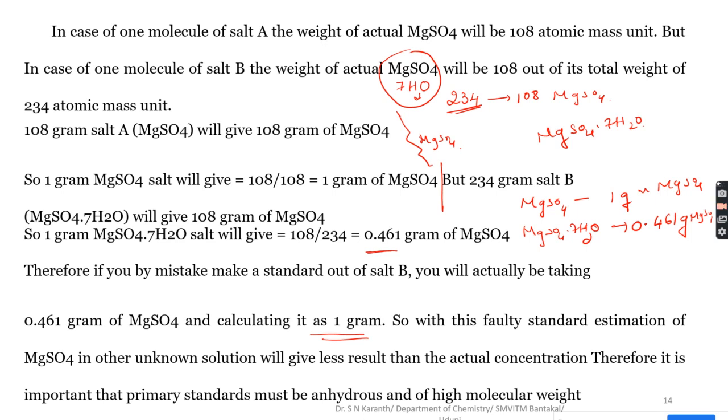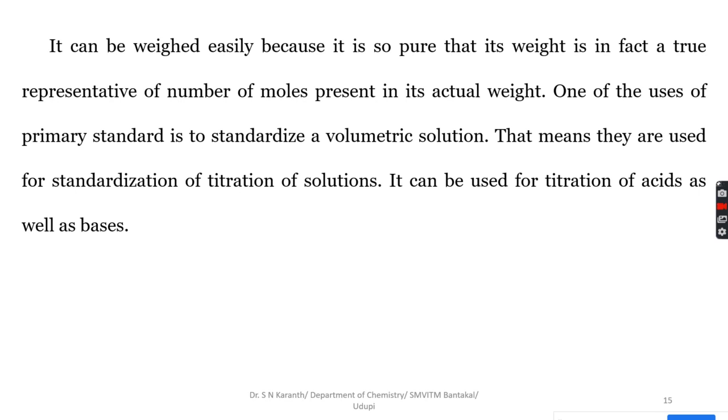The previous one you prepared is a primary standard solution because the salt is highly pure in nature. It can be weighed easily because its weight is a true representative of the number of moles present, unlike hydrated magnesium sulfate. One of the uses of a primary standard solution is to standardize a volumetric solution.